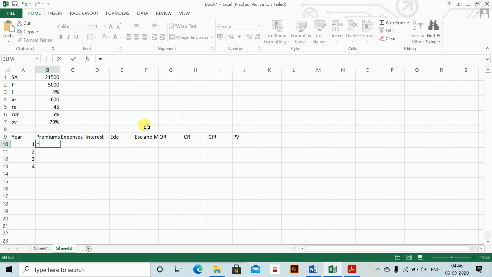Premium is equal to 5,000, expenses is equal to 600, and then next year it is 45. Interest is equal to 5,000 minus expenses into interest, 4%. Expected death cost, again better to calculate in your calculator than just writing it here.